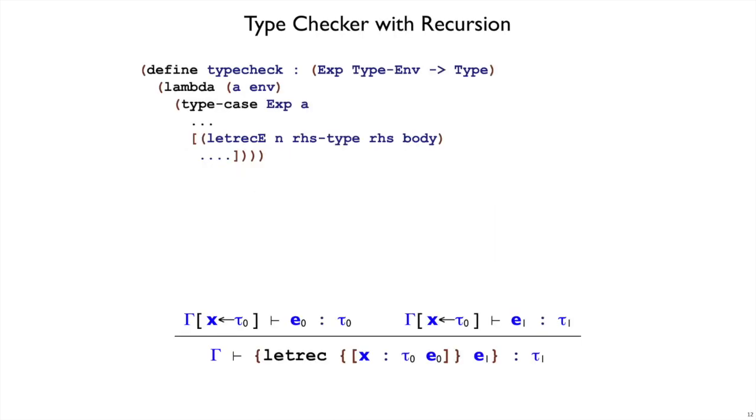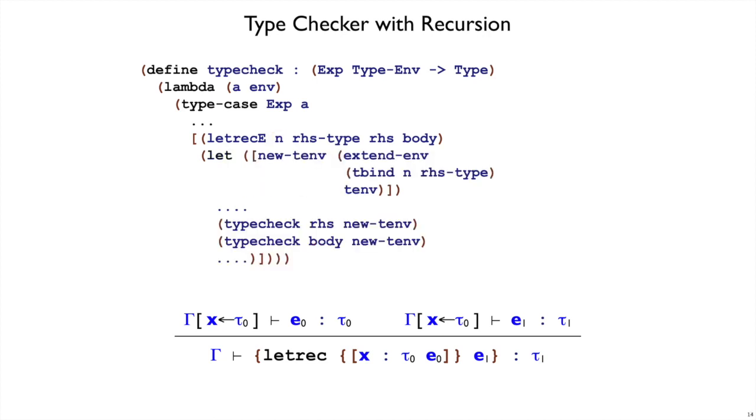If we turn this into code, it looks like this. When we type check a letrec form, we have the name that we're binding and its type, and we have two expressions, the right-hand side and the body. So we can type check those. We want to type check both of these in an environment where we can refer to n. And where interp had to do something complicated, at type checking time it's straightforward because the type has already been declared.